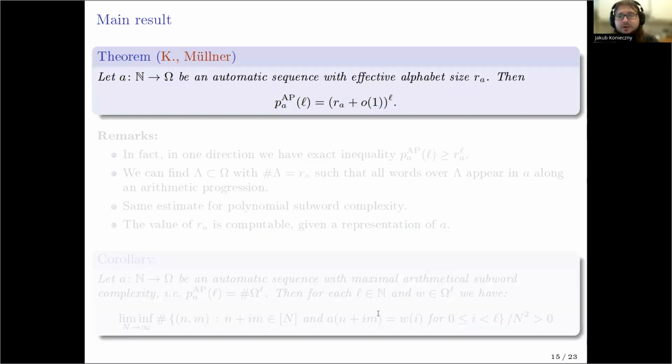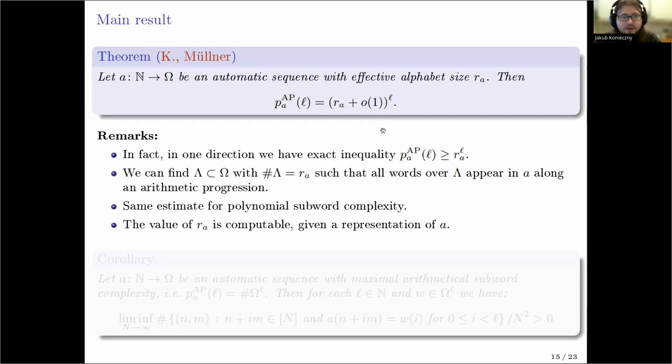Okay, so with this terminology out of the way, I'm able to state our main result, which asserts that if you have any automatic sequence, then the arithmetical subword complexity grows like the effective alphabet size plus a small error to power n. Now, a couple of quick remarks about this theorem.